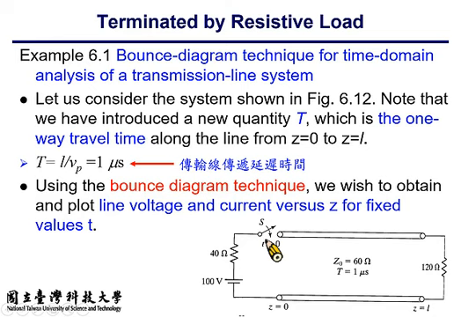So, come on, please write up. Please find the reflection coefficient at the left end and at the right end. What is gamma L, sorry, gamma L? What is gamma G?